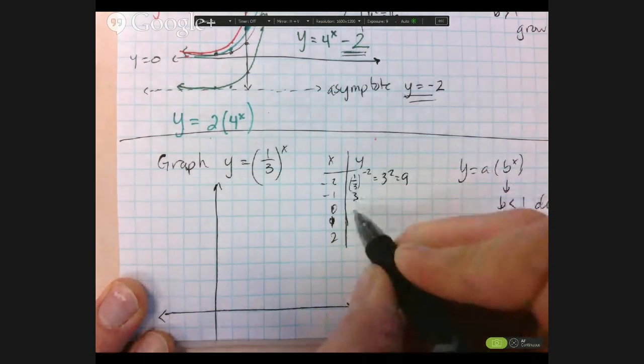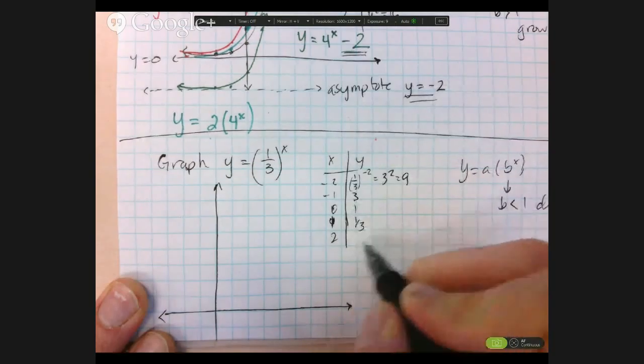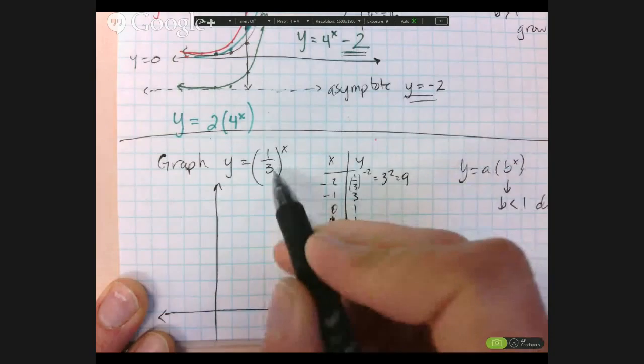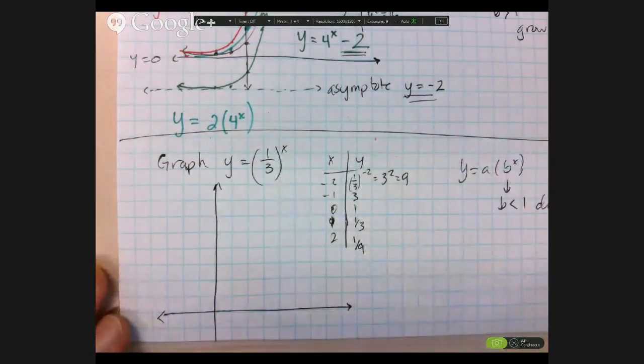What's this one? 1. 1 squared and 3 squared. 1/9. 3 squared is 9.